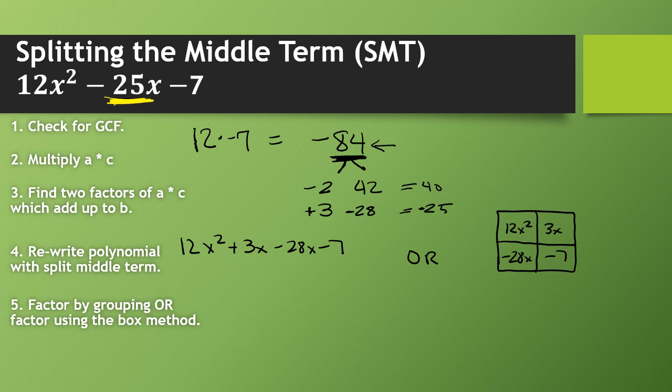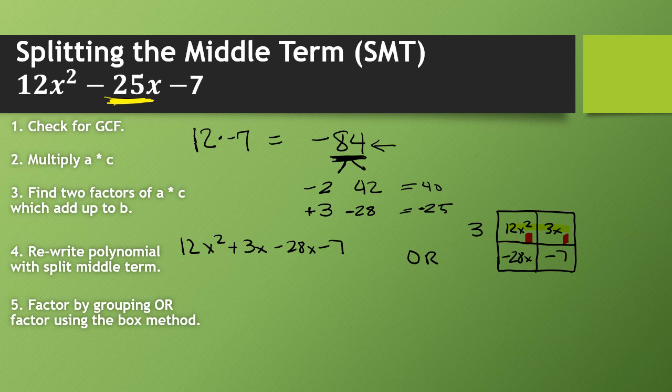If I look at the box method, I am going to take one row at a time. So I'm going to look at this first row right here that has 12x squared in it and that has 3x in it. And I'm going to ask myself, do 12 and 3 have anything in common? Yep, they do. So 12 and 3 are both divisible by 3.